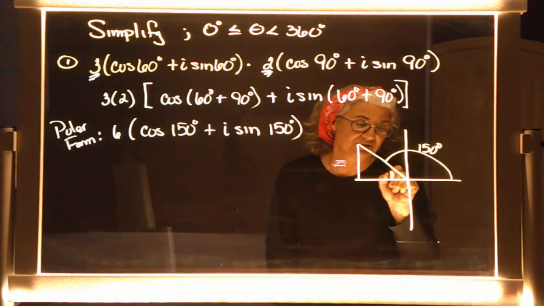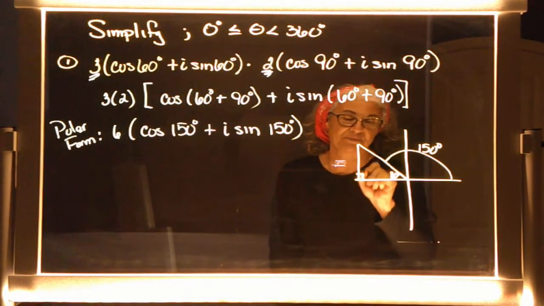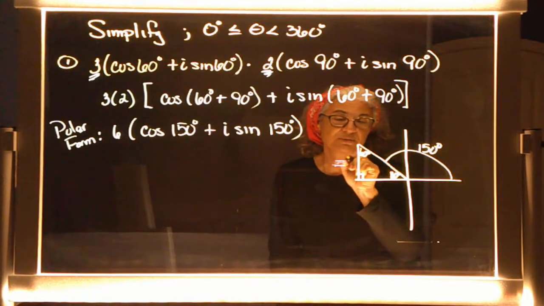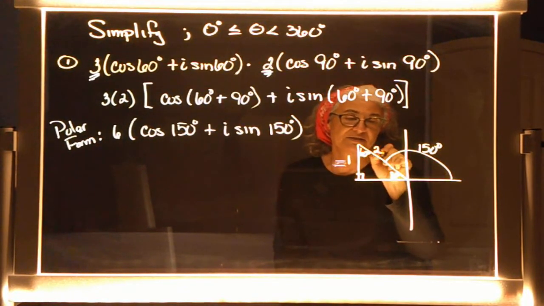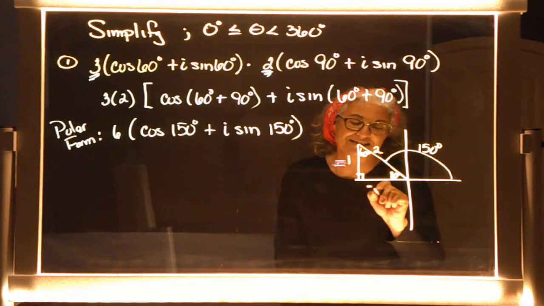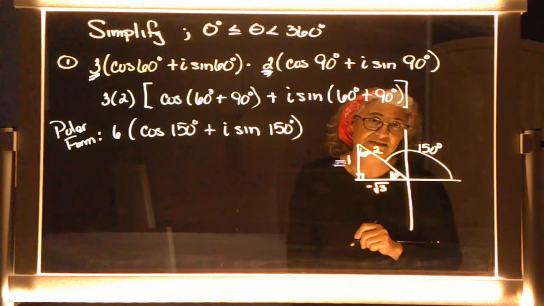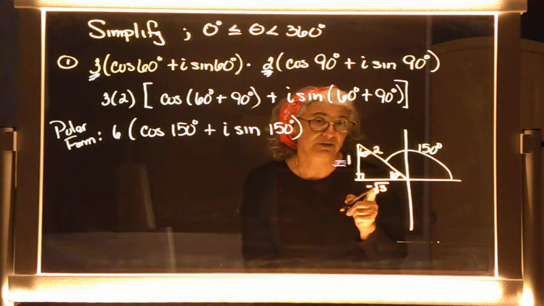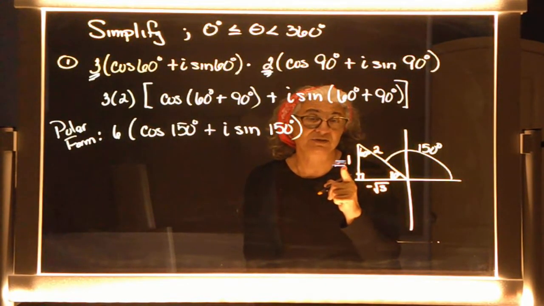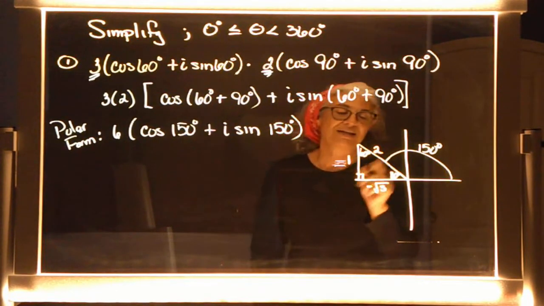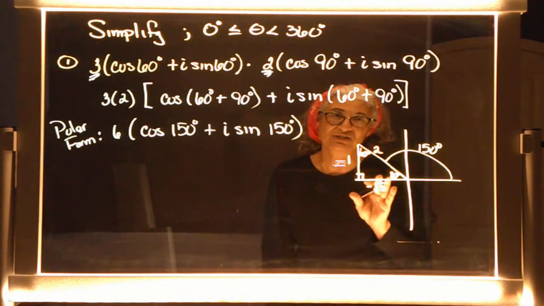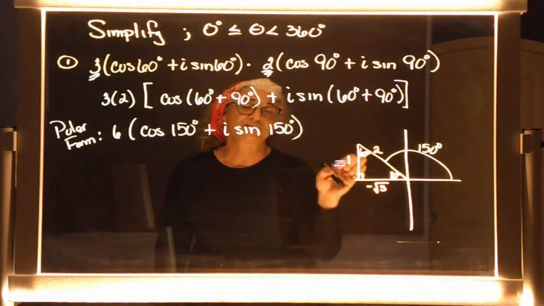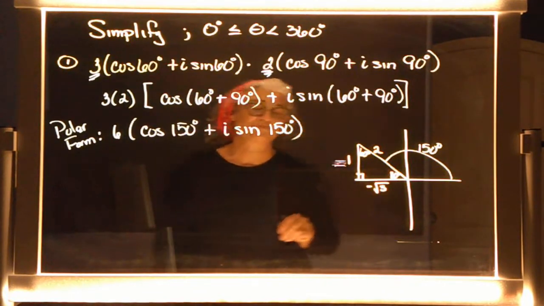This is a 30-degree reference angle, isn't it? 60 degrees up here. Across will be a 1. The radius is a 2. And this is a negative square root of 3, isn't it? Because I'm in quadrant 2, so the x needs to be negative, correct? And the y is positive, right? Okay, yeah, all this stuff that we learned how to do in whichever lecture it was is back. It never goes away, so please make certain you still know how to do this.